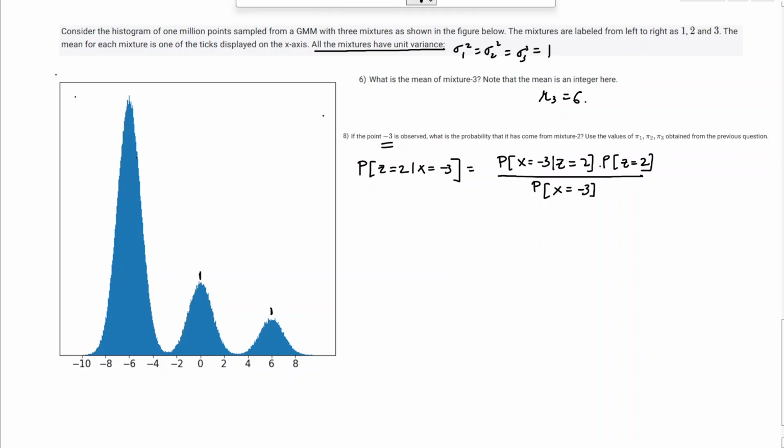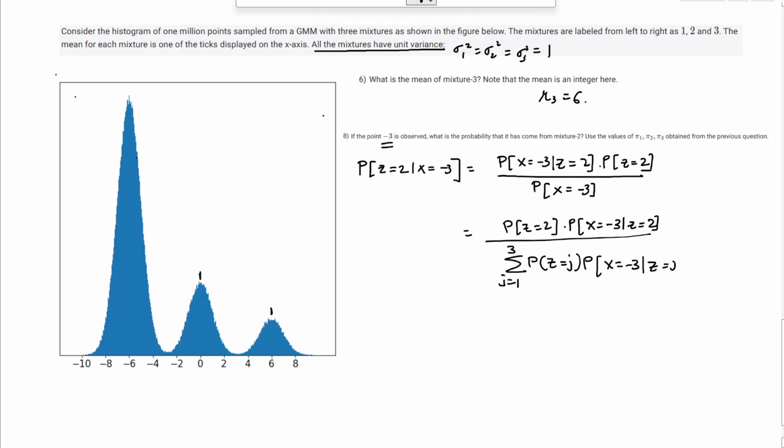So now we can write it this way. There's a probability of z equals 2 times the probability of observing -3, given that we are drawing from the second mixture, and divided by, we'll take the sum of all j running from 1 to 3, probability z equals j, and again drawing -3 given z is equal to j.